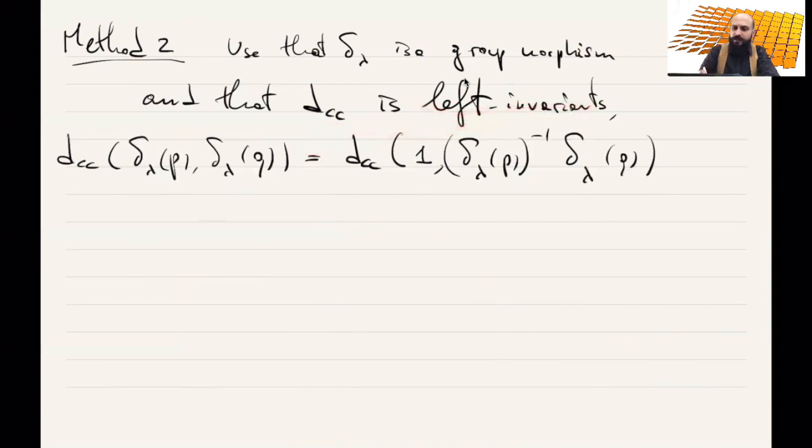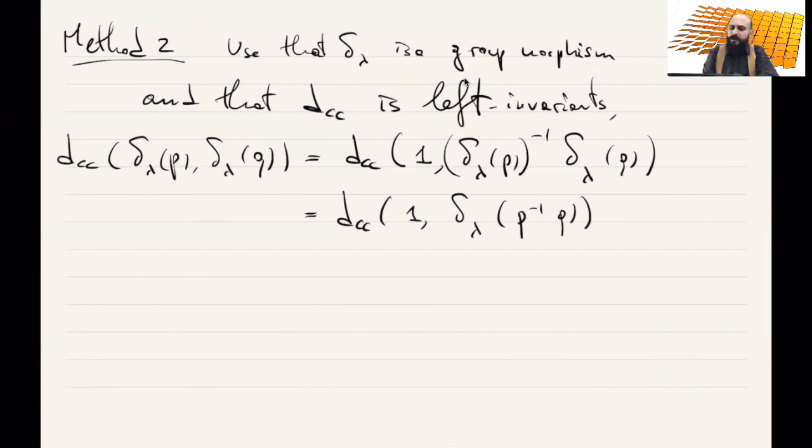Now let's use that delta is a group morphism, and we have DCC of 1 and delta lambda of P minus 1 Q.